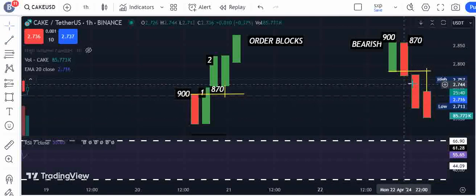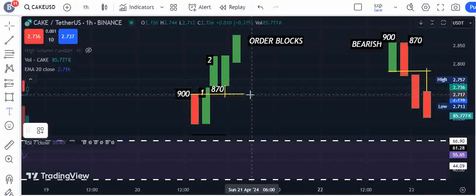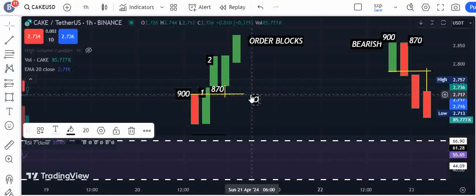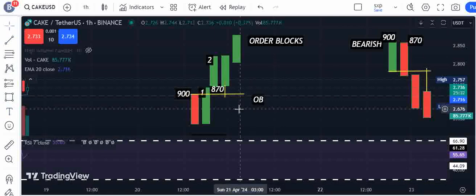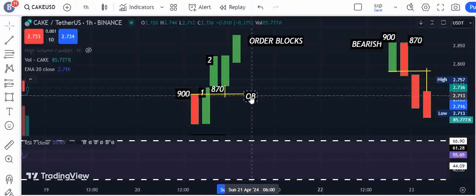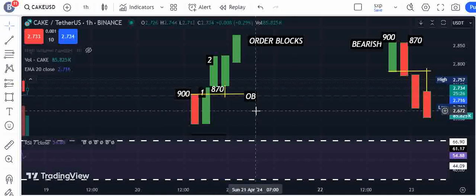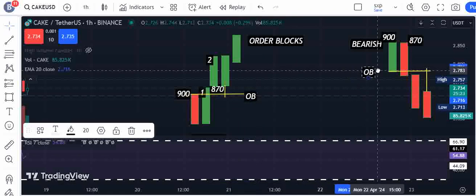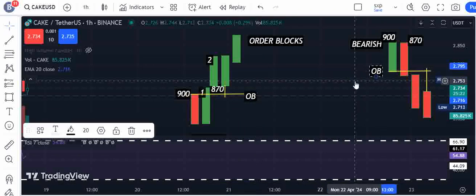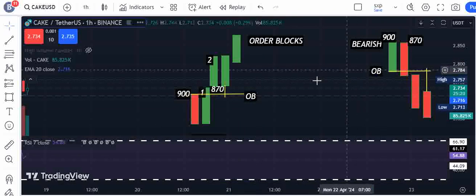So in this scenario, this area becomes our area of order block. That area at the top of this green candle, this becomes our order block. This also becomes our order block. All right. So when you're talking about order block trading, that is usually the area we are looking at.